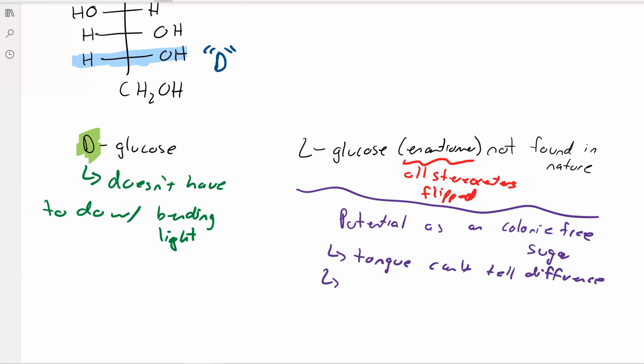However, your body does not have the enzymes to break down L-glucose. And since your body can't break it down, it cannot be used for energy. So pretty cool idea there. The reason that it's not used is it's too expensive. There are just cheaper ways to make artificial sugars than having to make the enantiomer of this.